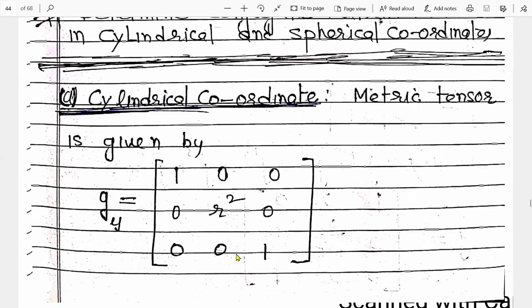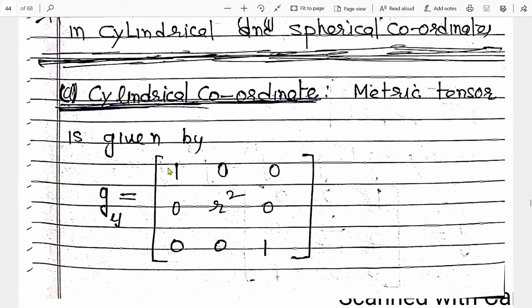Now, first G11. G11 means cofactor of 1 divided by its determinant. So first we find the cofactor. It is the first row, first column, then minus 1 raised to power 1 plus 1 means even, so the sign is positive, right?